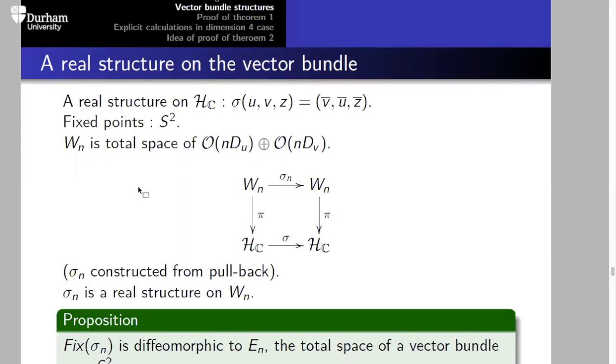You look at what happens to this sigma n and what is fixed, and you get exactly the right space. And there I have now Wn where the fixed points of sigma n give me the topological bundle which I started with.